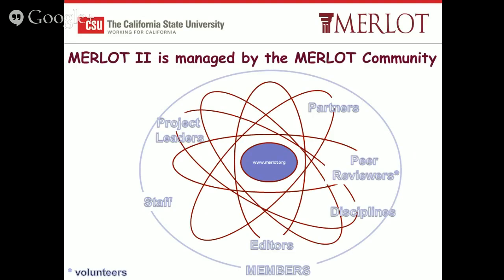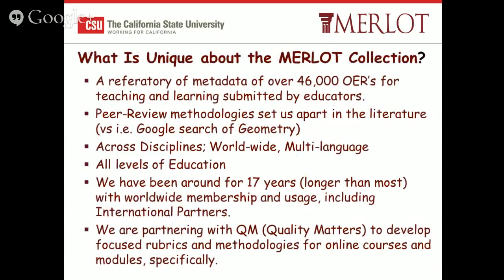If you were to do a search in Google for the same term and you got back 3.2 million hits, you wouldn't know necessarily that the top one is the best one, or the one on page 3 or 4 is the best one that you might not ever see. And so our community is really special in that way, in that we've got many different facets of it, as this graph shows, all with the common core of merlot.org.